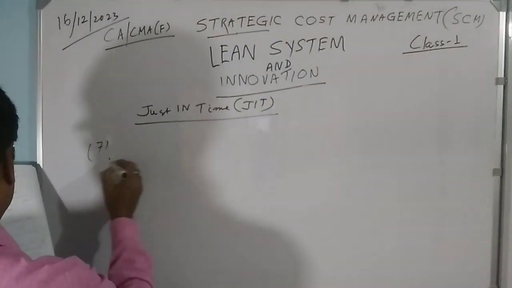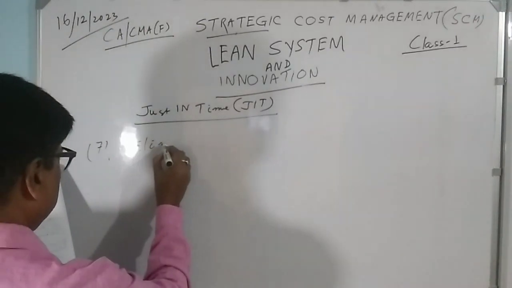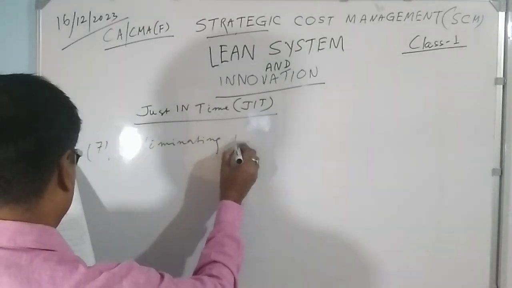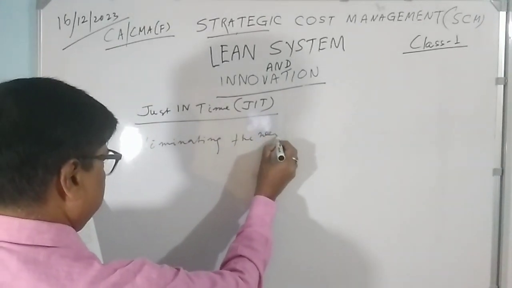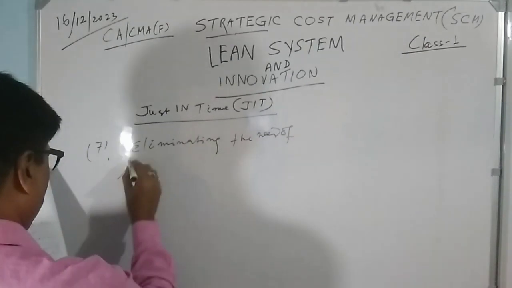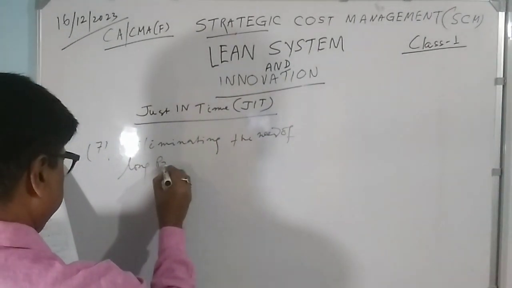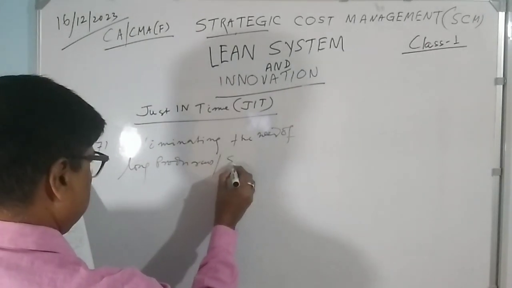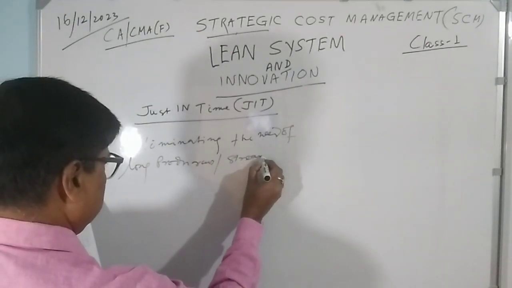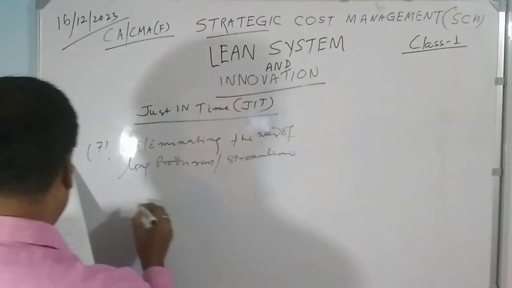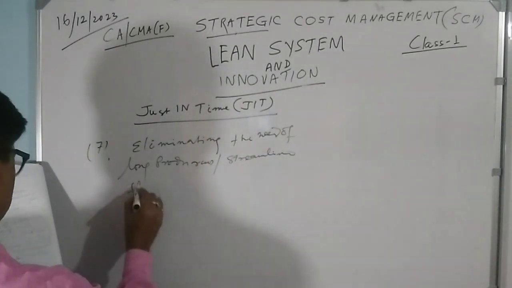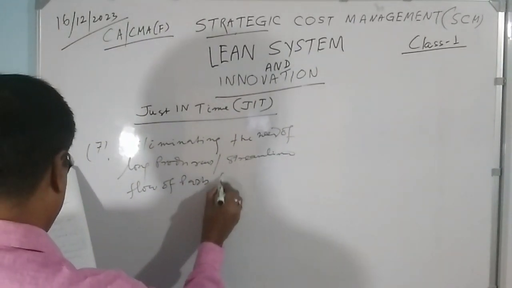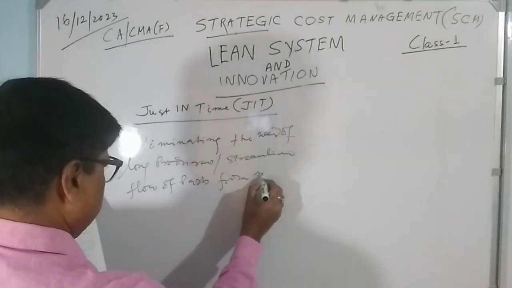Seventh point: eliminating the need of long production runs, streamline flow of parts from machine to machine.